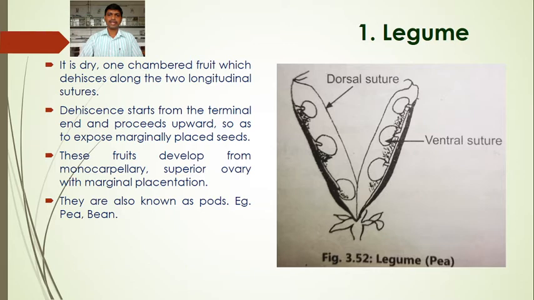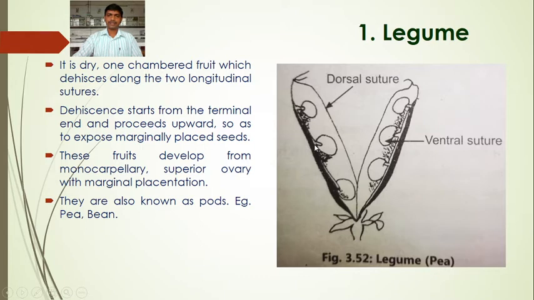For example, pea, beans. It is a dry, one-chambered fruit, not one-seeded, which dehisces along the two longitudinal sutures. Here this is the dorsal suture, and this one is the ventral suture on which the placenta has developed.